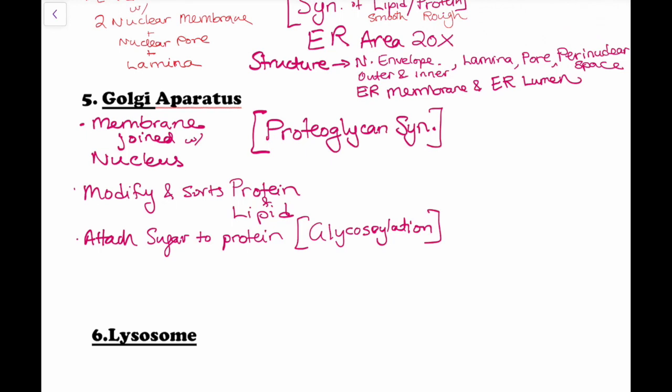And the carbohydrate synthesis that's produced is that it produces proteoglycans and your GAGs, your glycosaminoglycans.